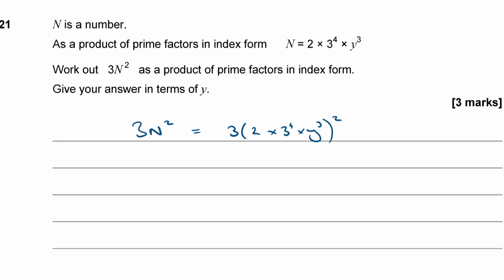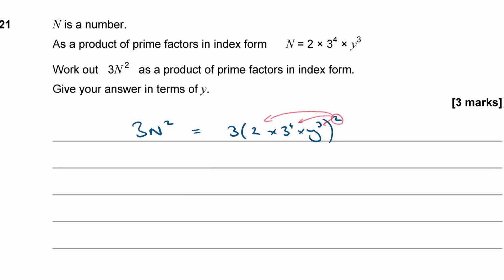Okay, now BIDMAS says indices come before multiplication, so I'm going to deal with this index here first. And when I've got an index of an index like this with multiple things inside the brackets all multiplied together, I have to distribute this to each of the terms in that product inside the brackets. So I'm going to square each part of it separately.